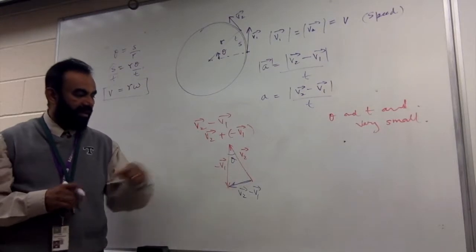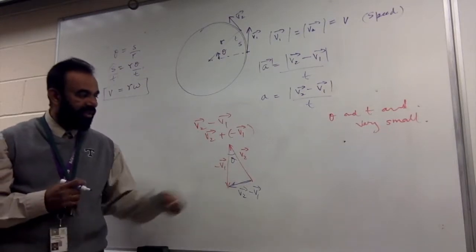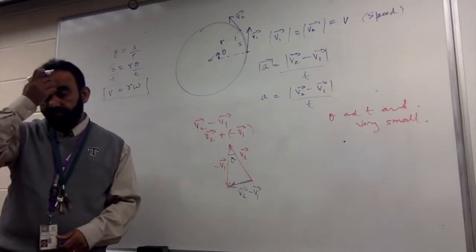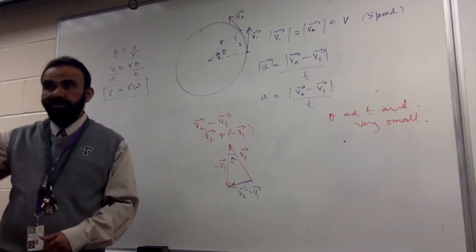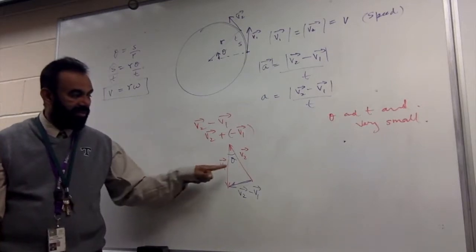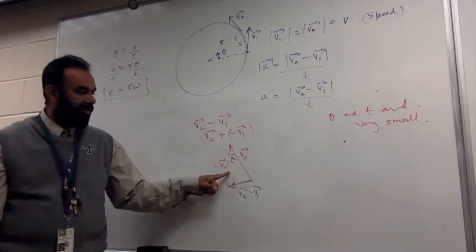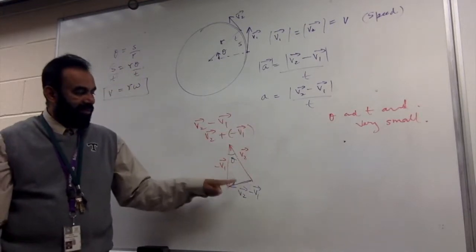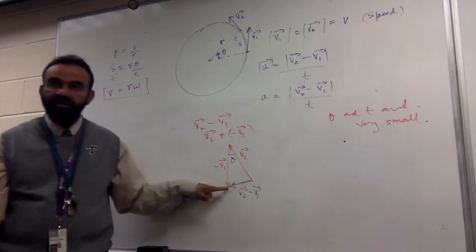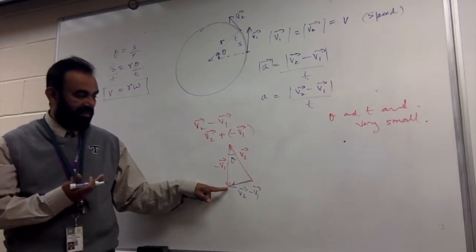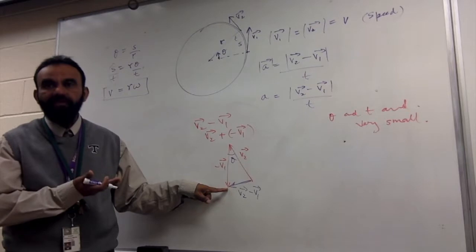Now, to get the magnitude of v2 minus v1, we're going to use another small angle concept. When the angle is very small, this line that is drawn here is actually one side of a triangle.